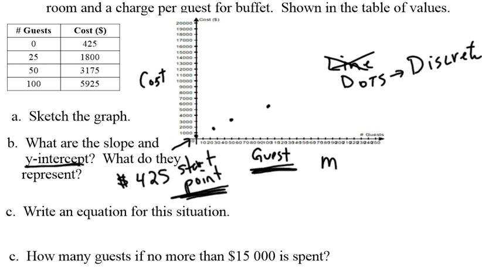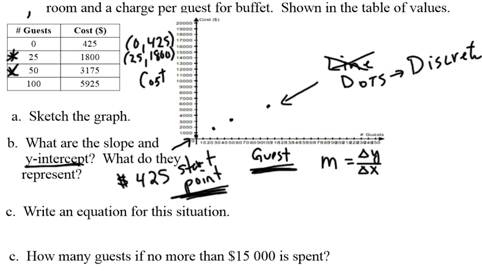But now we can do a slope calculation. Now it's hard to read off of our graph, but we have ordered pairs up here. We can get slope using any two of these ordered pairs, so I'm going to use those two. How do I calculate slope? Change in y over change in x.